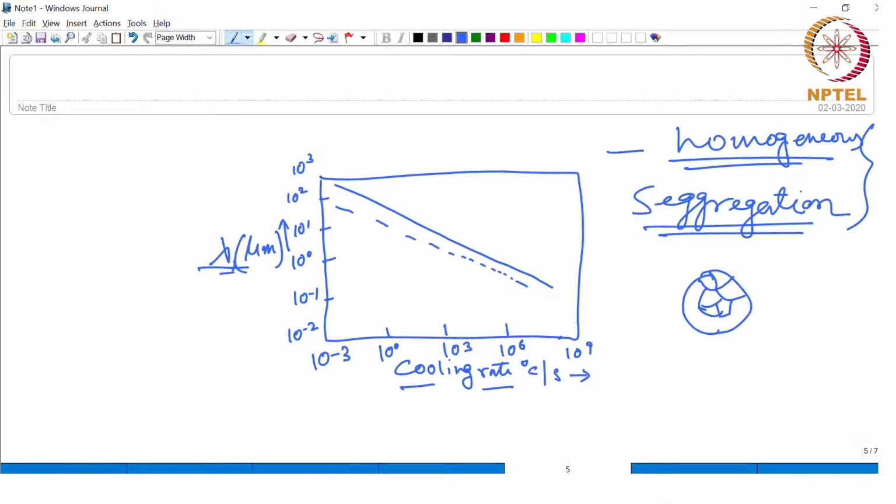Okay. And that is why these grains will take up this kind of globular morphology and not forming those kind of directional structure like what you see in a dendrite. Okay. So, this kind of microstructure is called equiaxed grains or equiaxed microstructure.